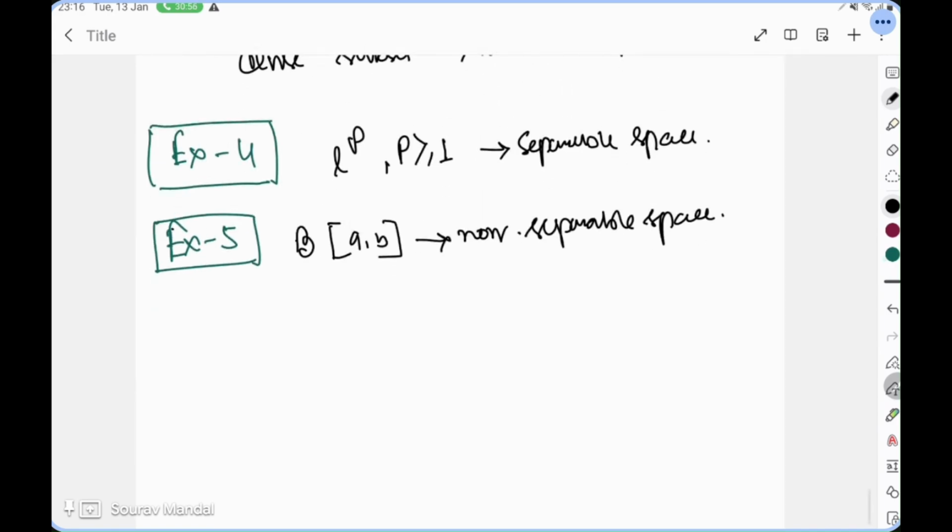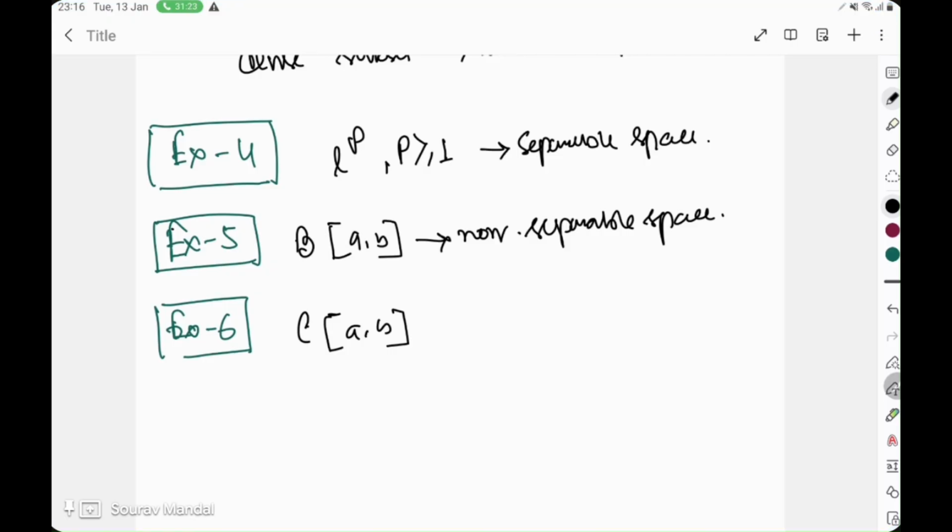And I've also given the example of continuous functions defined on [a,b], C[a,b]. This is the collection of all real valued continuous functions defined on [a,b]. So what do you think? Is this a separable or non-separable metric space? If we are taking the rational polynomials, then it must be separable.